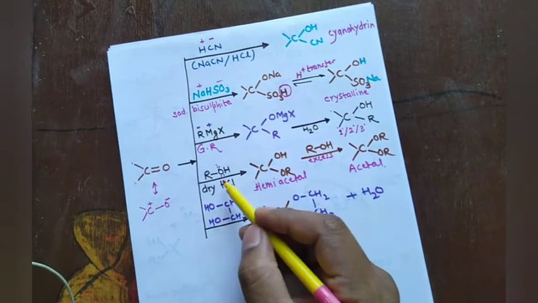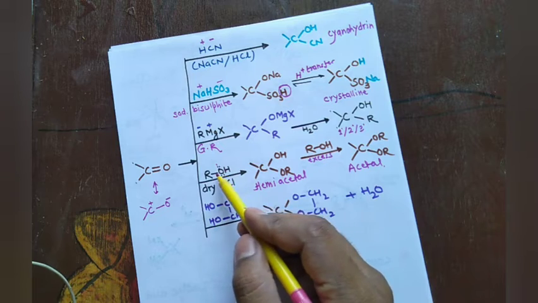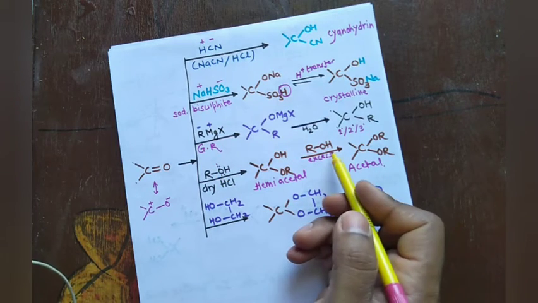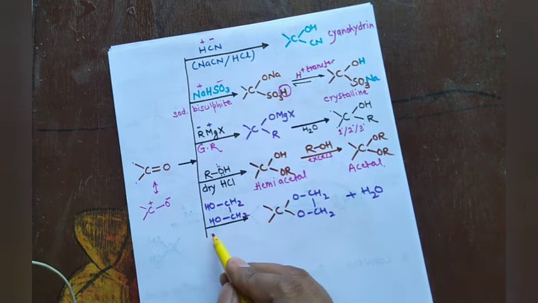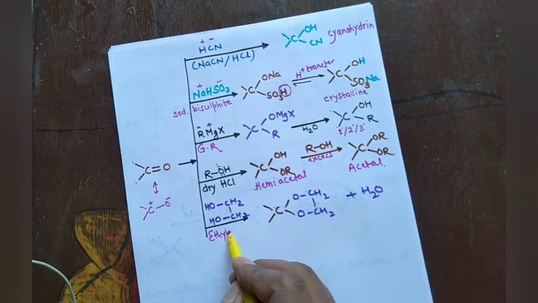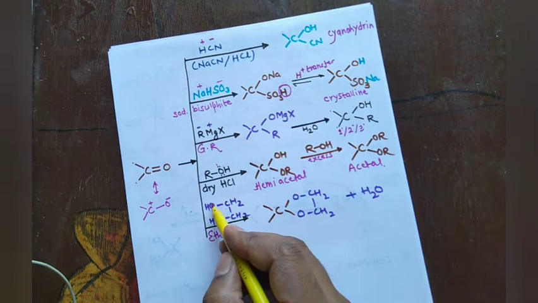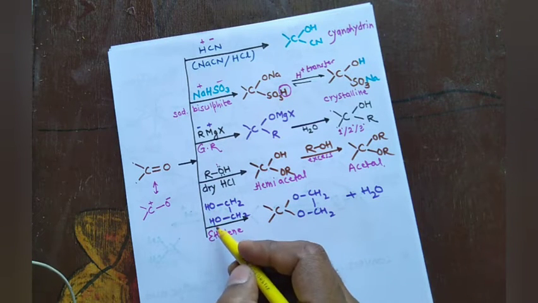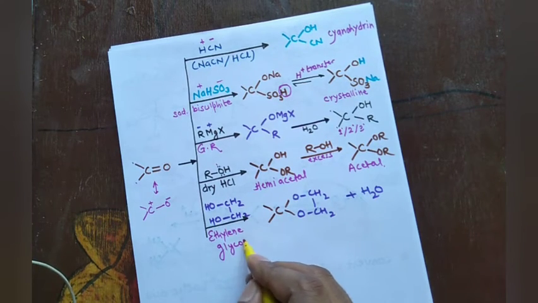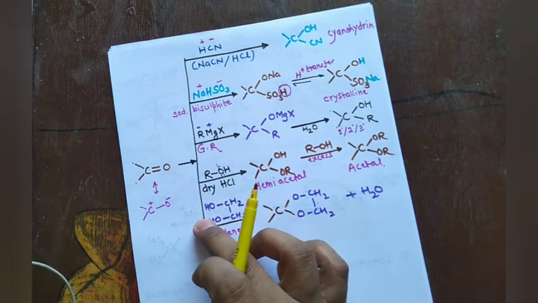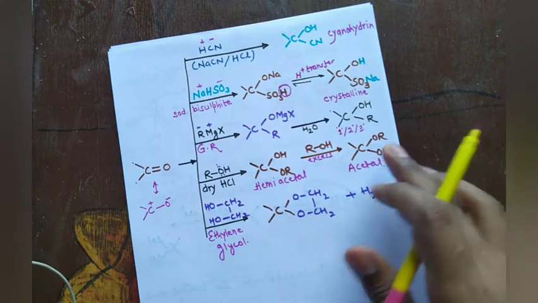In this reaction, we are using two moles of alcohol. Suppose the alcohol is ethylene glycol. In ethylene glycol, we already have 2 OH groups. So this reaction will directly go up to the acetal stage, not stopping in between.